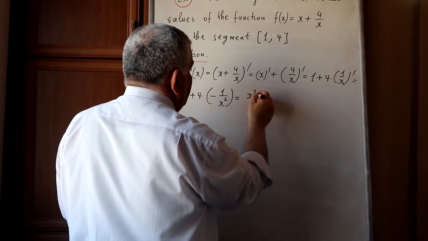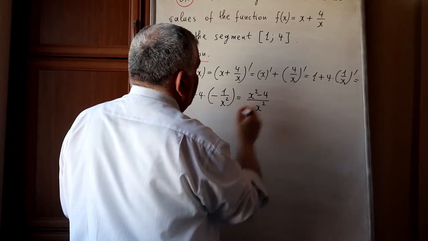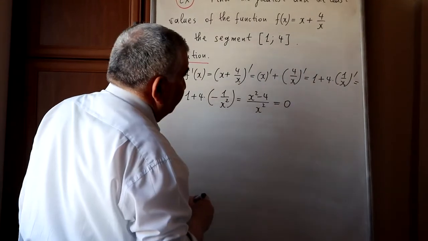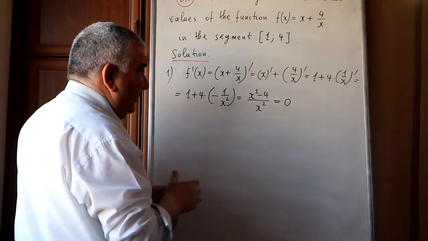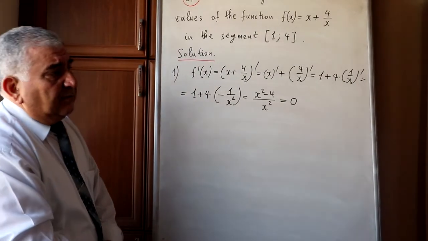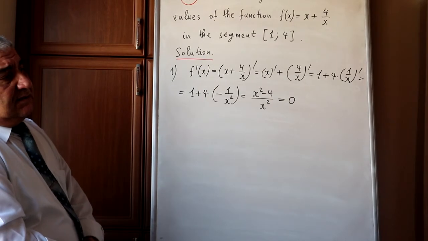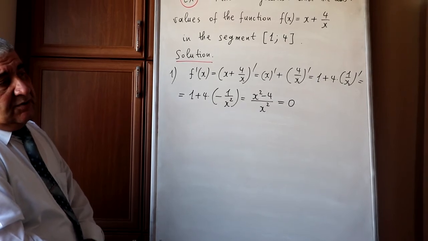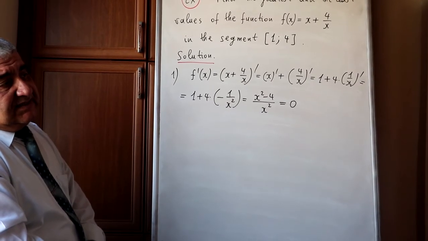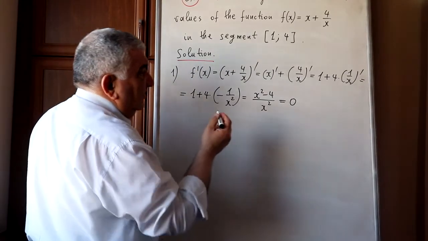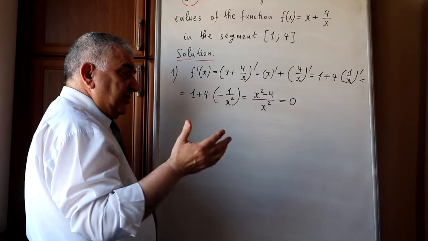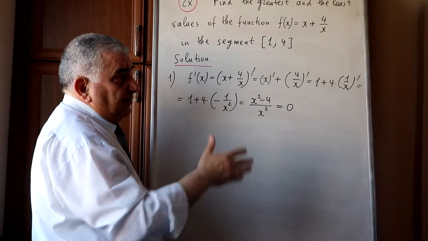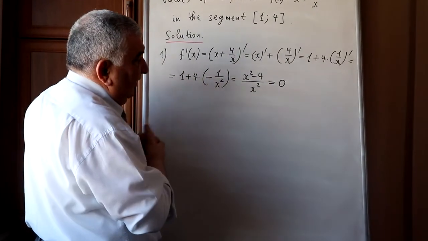That is x squared minus 4 over x squared, and then equalize this derivative to 0. We obtain the following critical points. You know that a critical point is a point at which the derivative of the given function is 0 or doesn't exist. Therefore, if the derivative has a fraction, we must find the roots of both the numerator and the denominator.